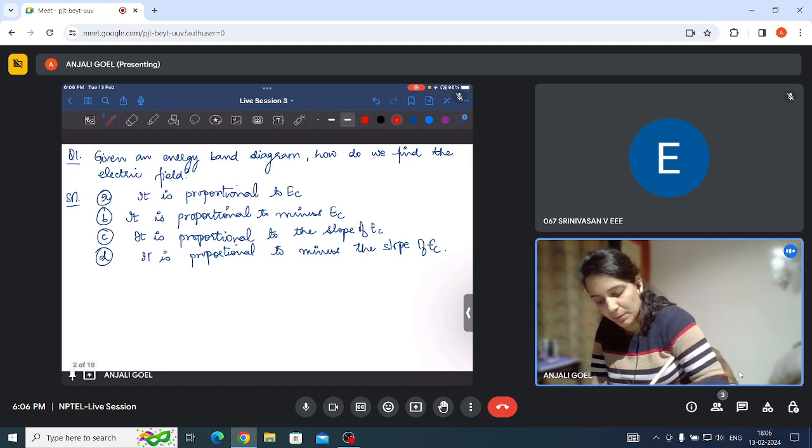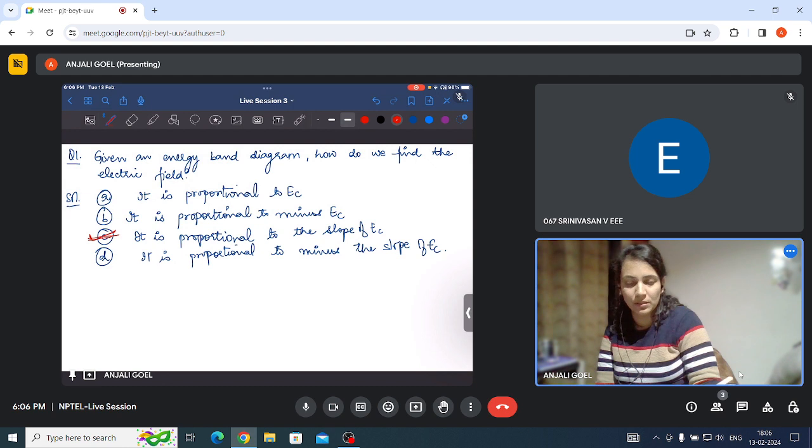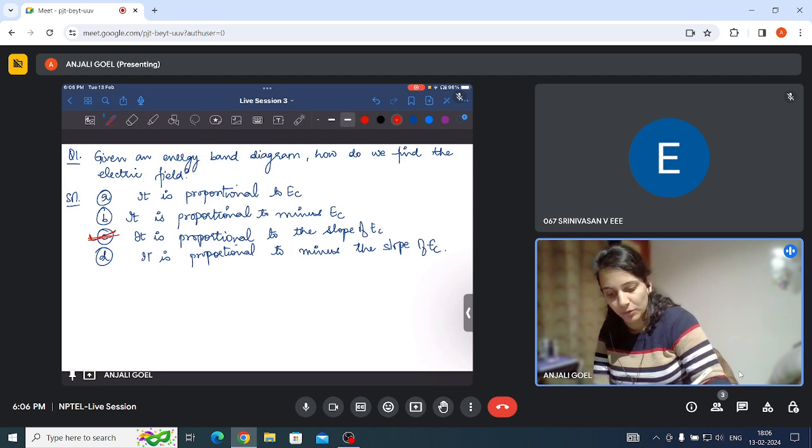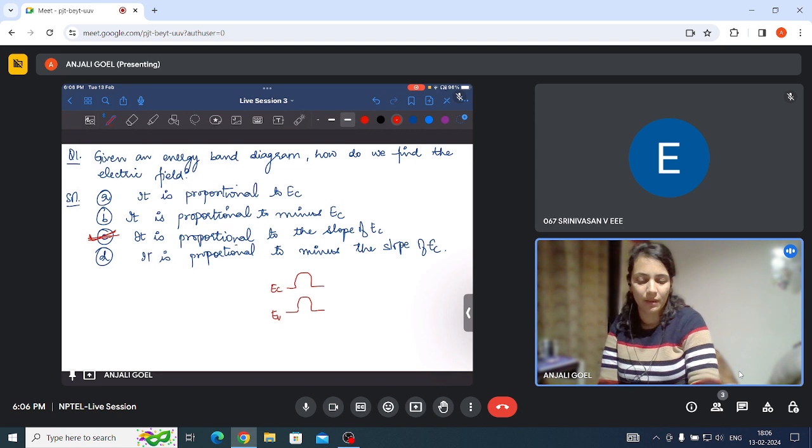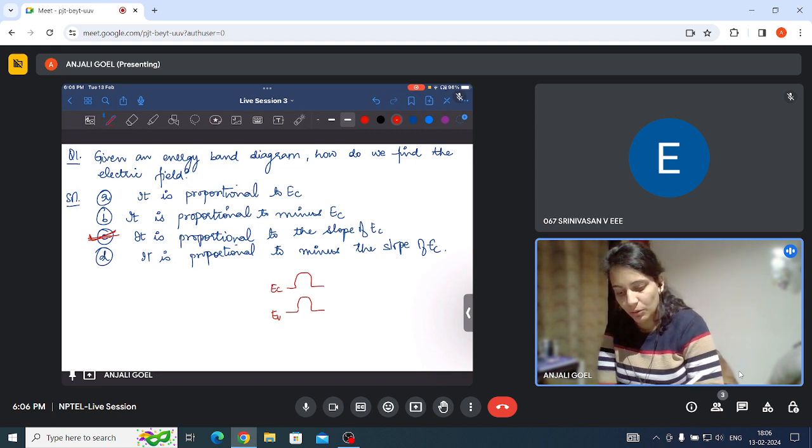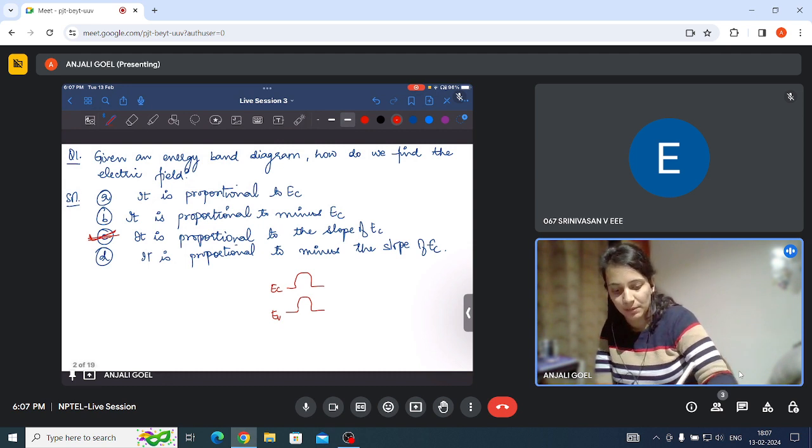Okay, so it is proportional to the slope of EC. As being taught, suppose we have the band diagram. At equilibrium, this is your EC, this is your EV when you have no gate supply. Whenever you supply voltage at your drain terminal, this gets bent downwards.